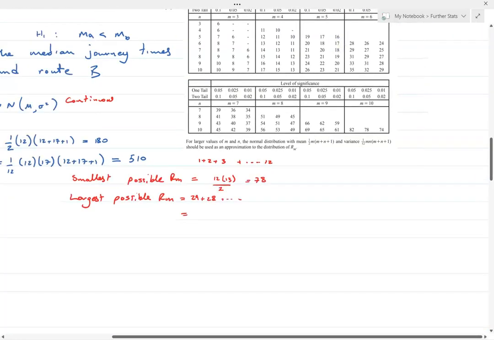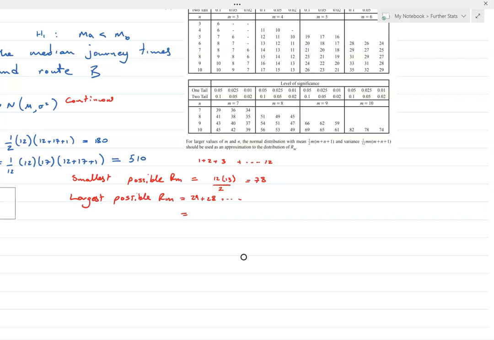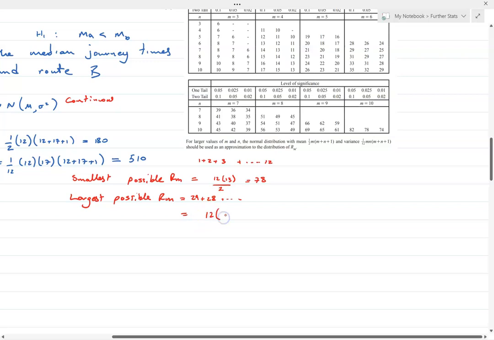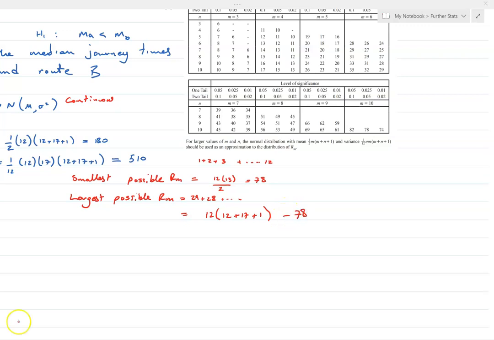So that would be equal to m times (m + n + 1), so it's 12 times (12 + 17 + 1), minus 78, and that comes to 282.